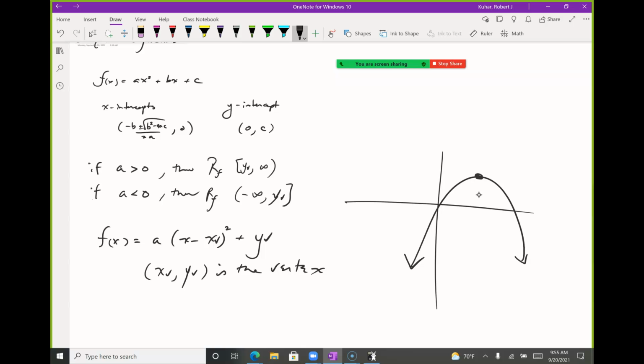And I'm always going from the smallest number to the largest number. When I'm reading intervals, remember I'm reading the interval on the y-axis. So my highest point is y sub v, my lowest point is negative infinity. And so I always read them left to right, smallest to largest.